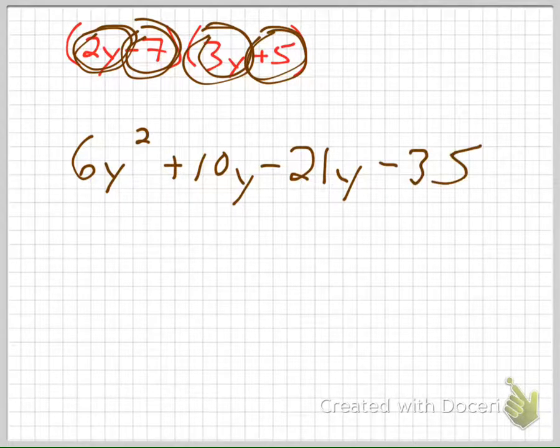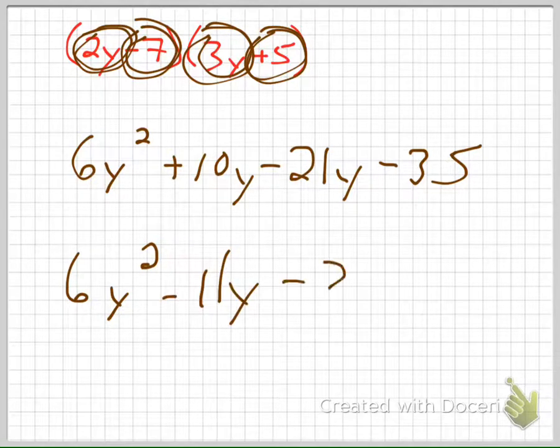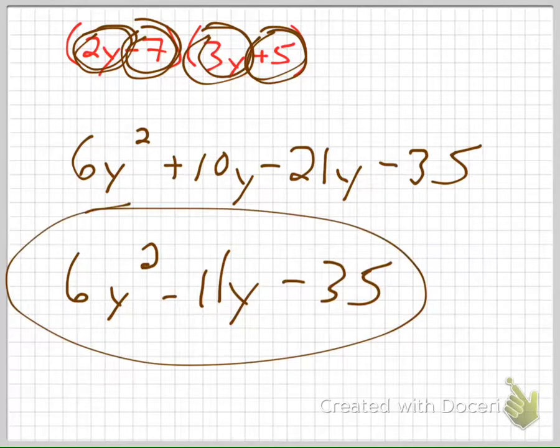Yes? What can I group? Two middle ones. 6y squared minus 11y minus 35. How many of you got that? 6y squared minus 11y minus 35. Does it make sense, Brady? Do one then. Show me.